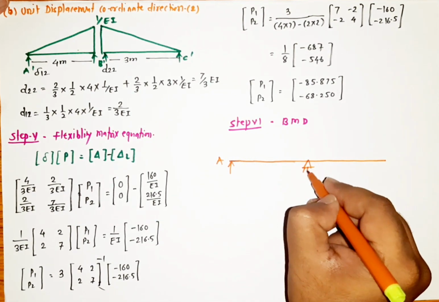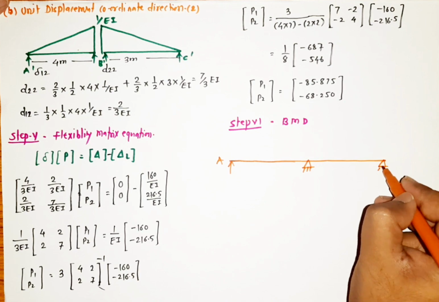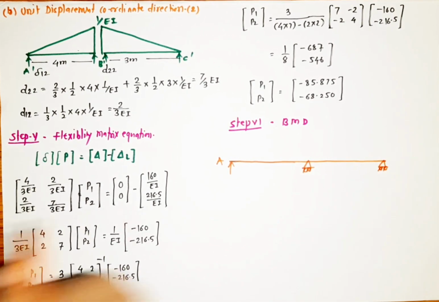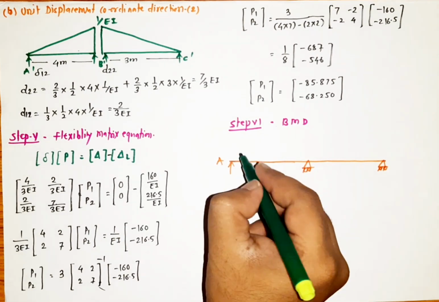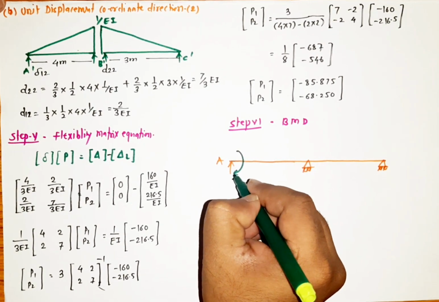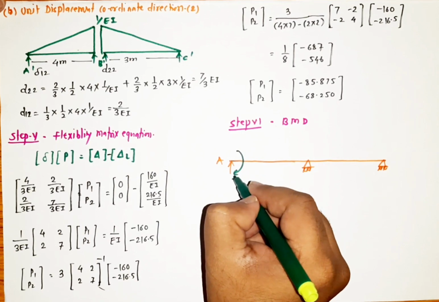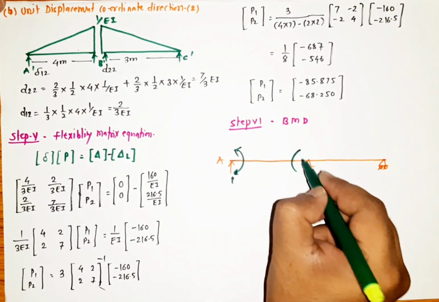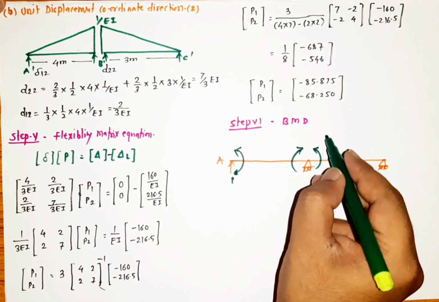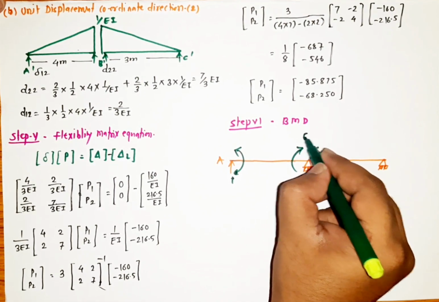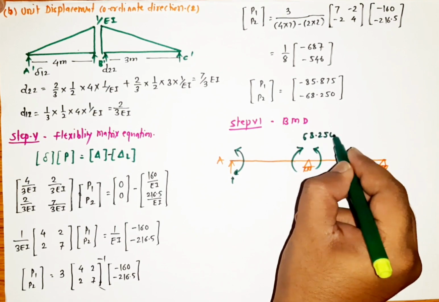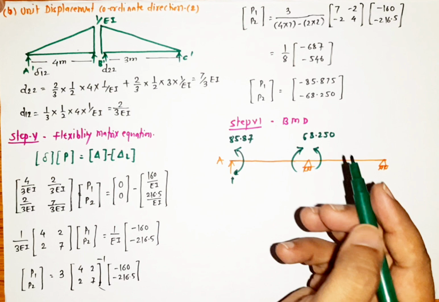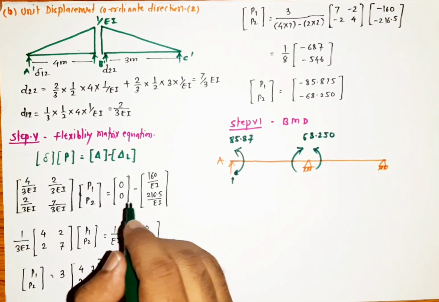Here is B and here we have C. The direction will change, so it will now be in this direction and in this direction, and these values are 68.250 and 85.87. So ultimately these are our values.